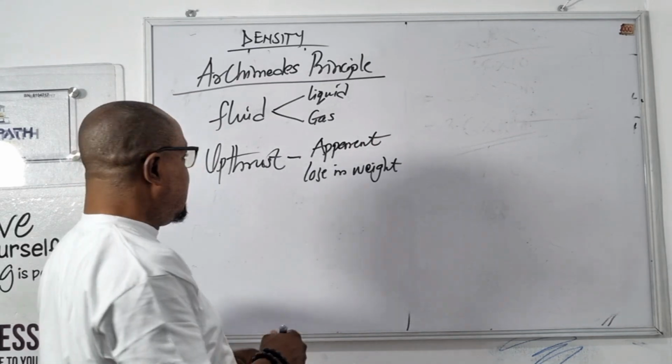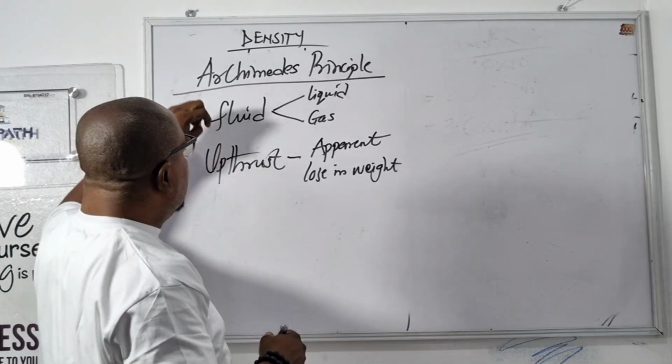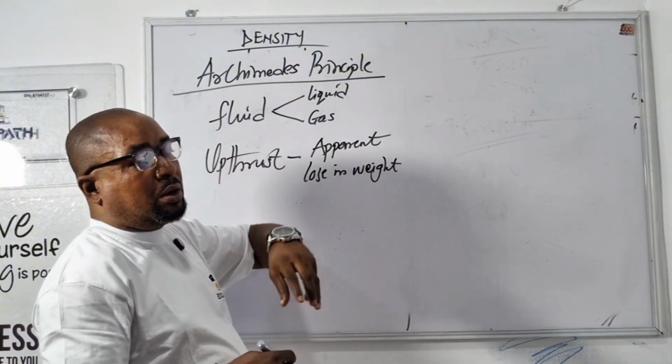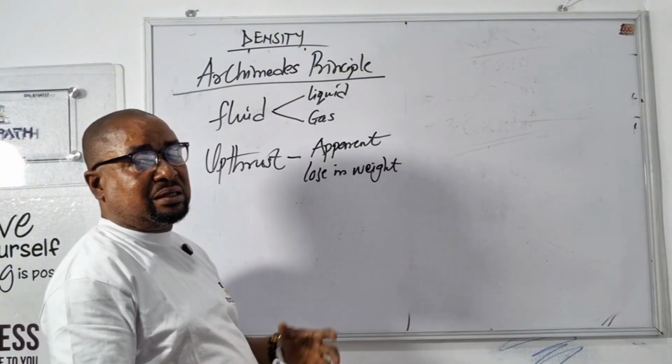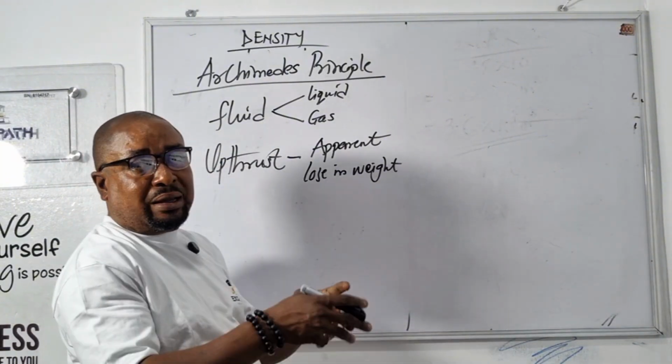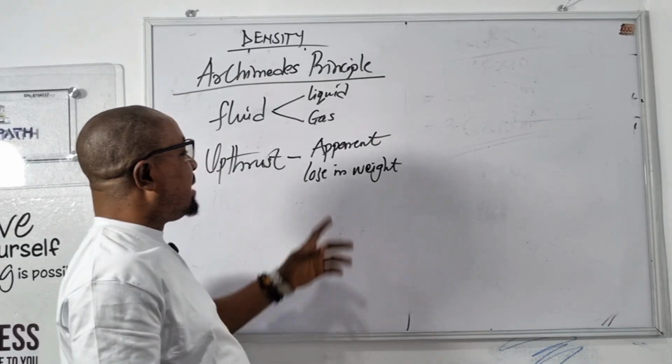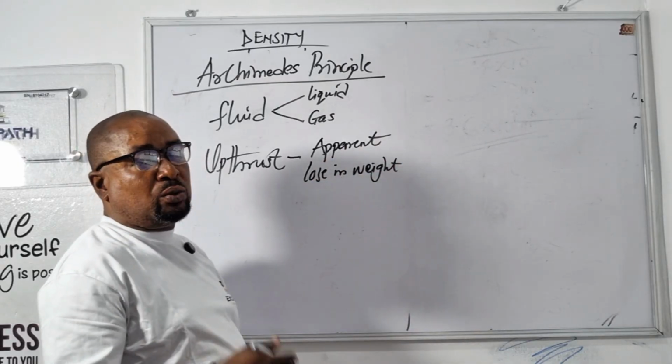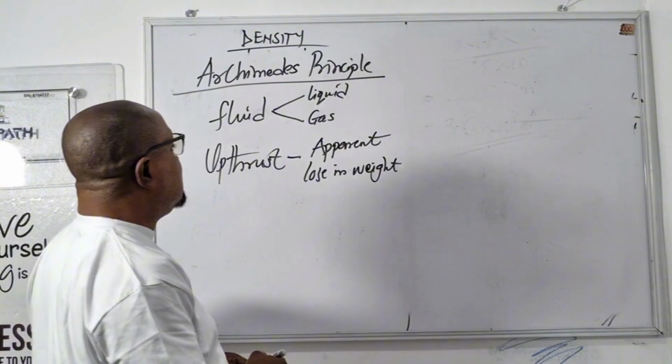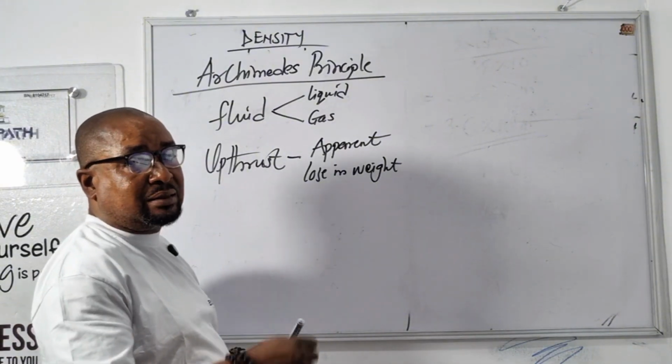Let me now paraphrase it again so that it will make more sense. If a body is partially or completely immersed in a liquid or a gas, it experiences an apparent loss in weight, which is equal to the weight of liquid displaced or gas displaced.